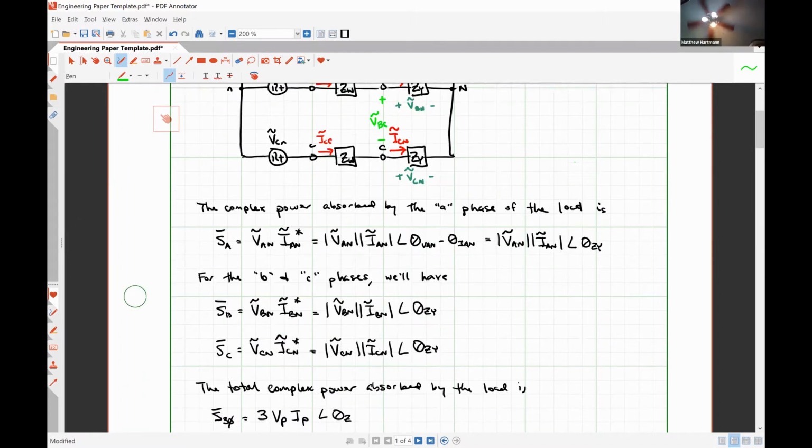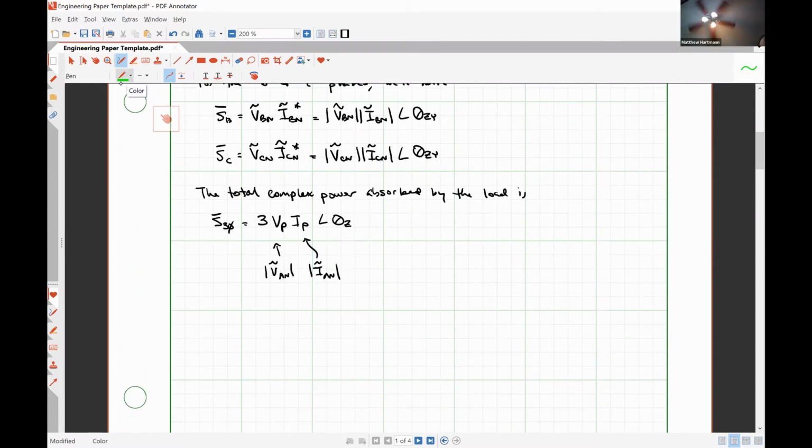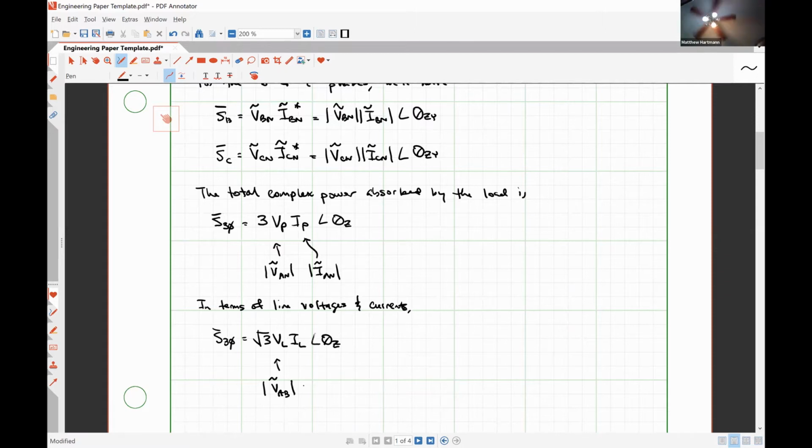So we can find that S three-phase is simply equal to the square root of 3 times VL times IL, angle theta Z, where VL is the magnitude of our line voltage VAB or VBC or VCA, and IL is the magnitude of our line current IAA.